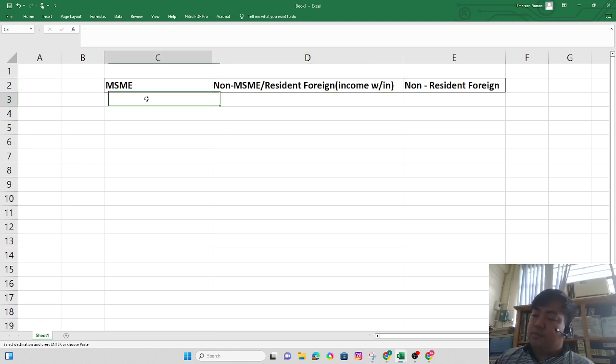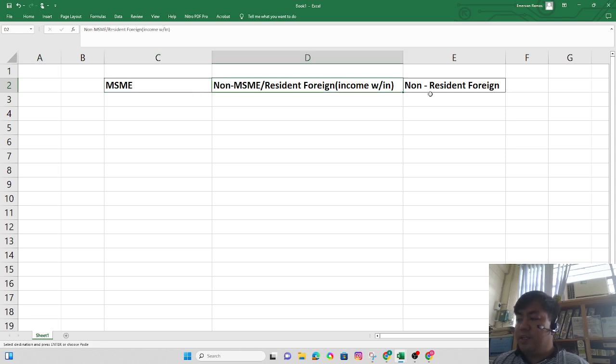So for domestic corporation, MSME and non-MSME, income derived within and without the Philippines should be included as part of their gross income, while resident foreign corporation and non-resident foreign corporation, only income derived within the Philippines are included as part of their gross income.